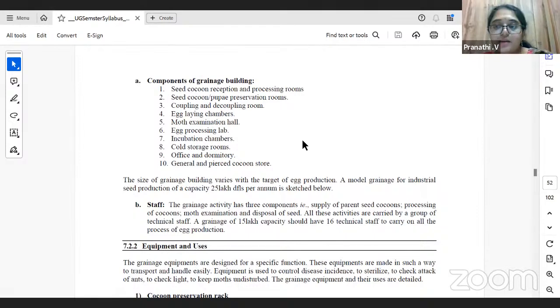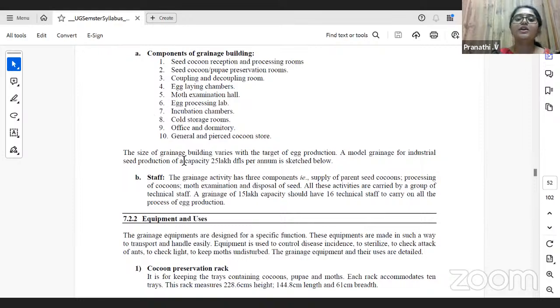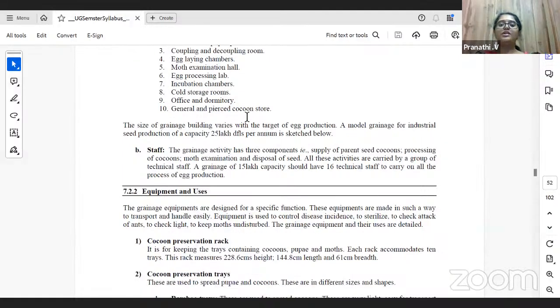So you need a moth examination hall, and at the same time to check whether the moth is good or not, whether it has the proper traits that are the prerequisites for the line or the race to follow. And at the same time you need the incubation chambers and the cold storage room, the offices and the dormitories, and of course a general and a pierced cocoon store should be present.